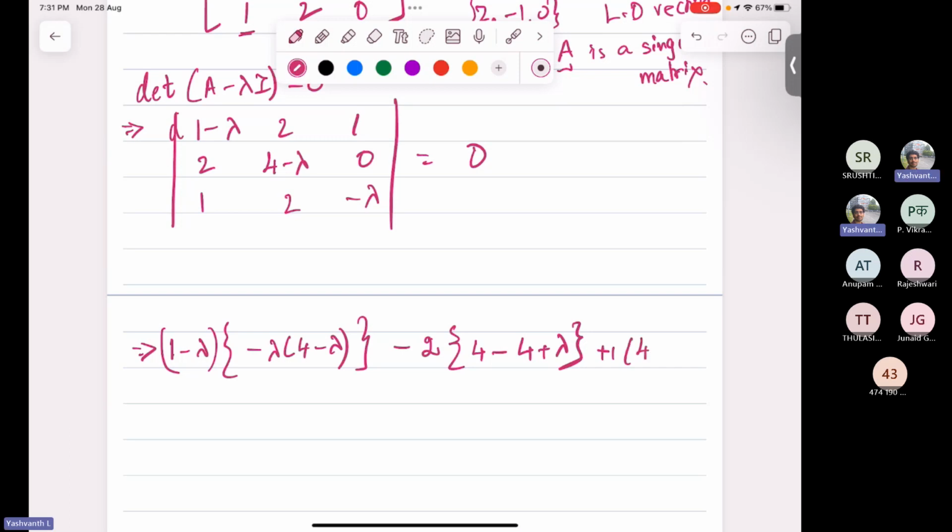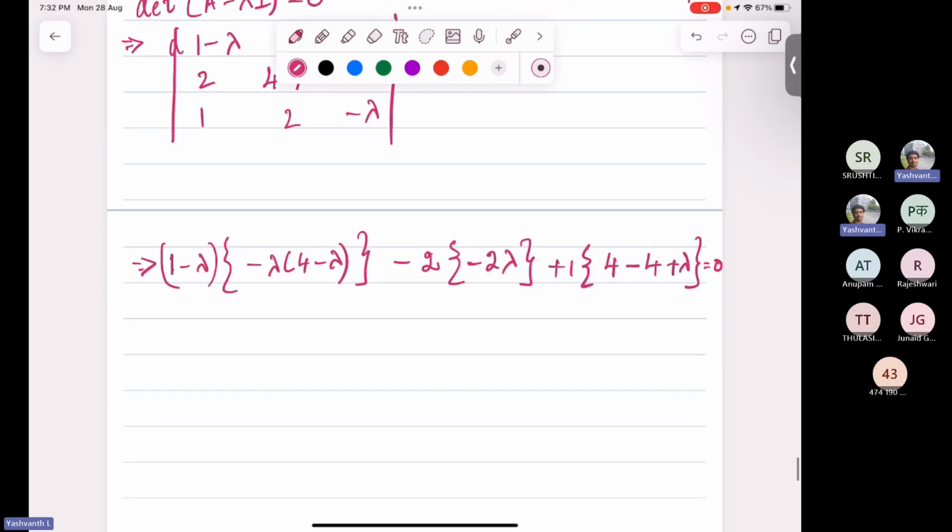I'm sorry, this is incorrect, right? Minus 2 into minus 2 lambda, plus 1 into 4 minus 4 plus lambda. Is this correct? Yeah, fine.